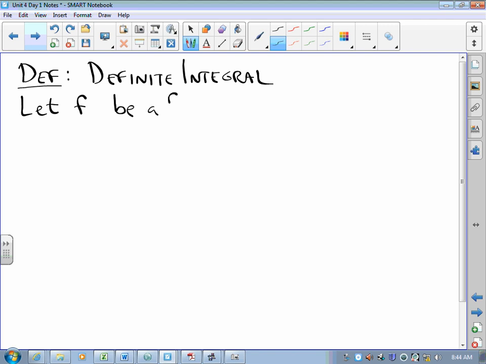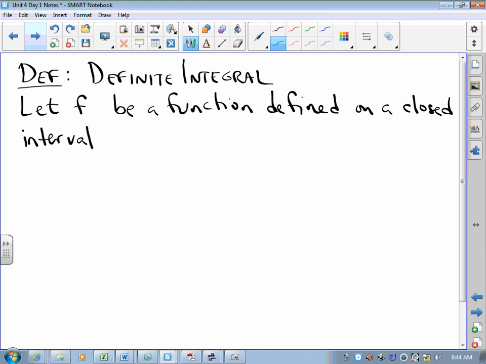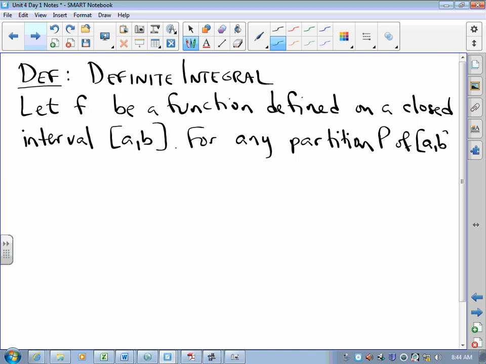Let f be a function defined on a closed interval AB, for any partition capital P of AB. And by the way, the partition is just the way we break AB into subintervals. When I broke AB into 0 to 1, 1 to 2, 2 to 3, that was a partition of AB.